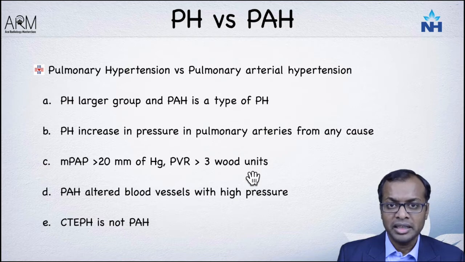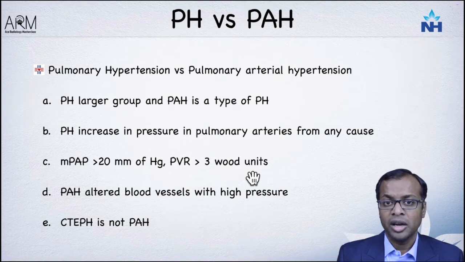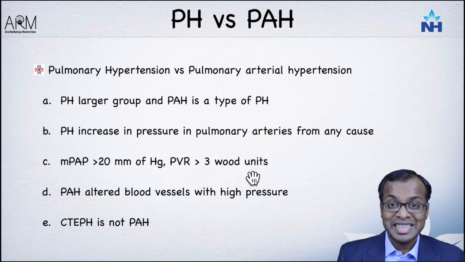On the other hand, pulmonary hypertension is multifactorial. It can be secondary to pulmonary venous abnormality, it can be secondary to pulmonary lung abnormalities, or even shunts. So, CTEPH, which we say chronic thromboembolic pulmonary hypertension, is not chronic thromboembolic pulmonary arterial hypertension. CTEPH is PH but not pulmonary arterial hypertension.